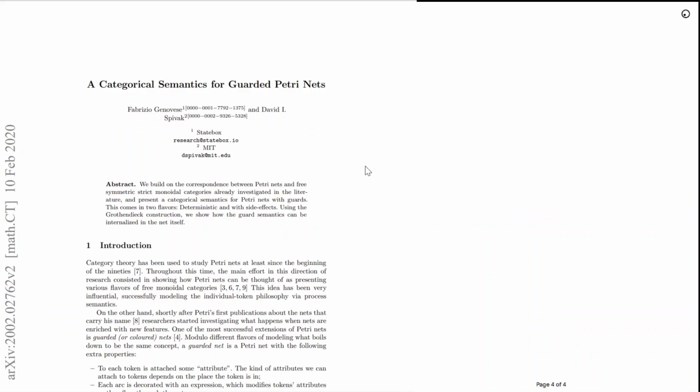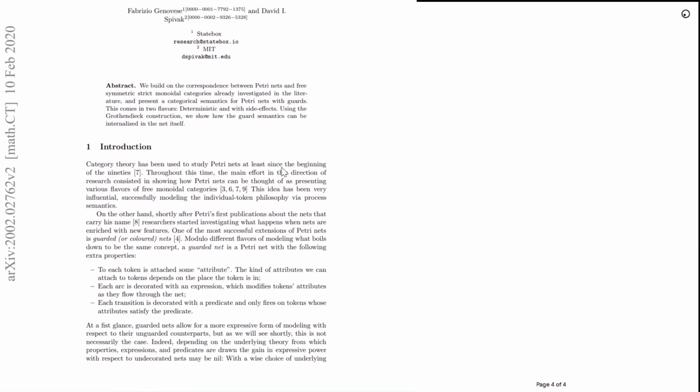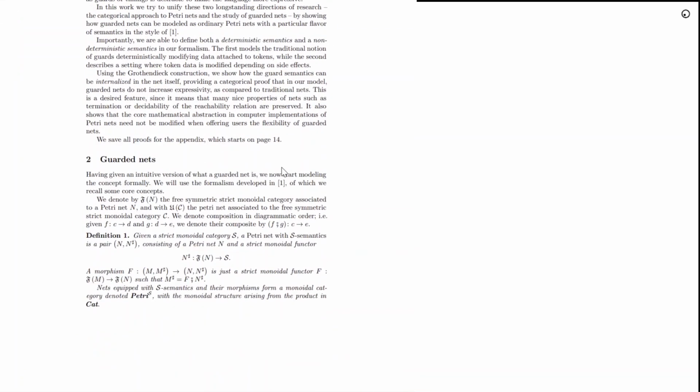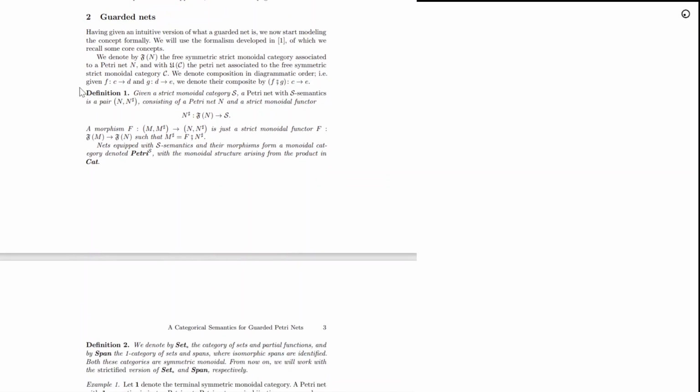And we do this by starting with a net and encoding the guard information, the color information, into a functor. So we give this definition here, definition 1. Basically, we say that a Petri-net with an S semantics, where S is a strict model category, is a pair where the first component is a net and the second component is a functor that goes from the free category generated by the net to the semantics.